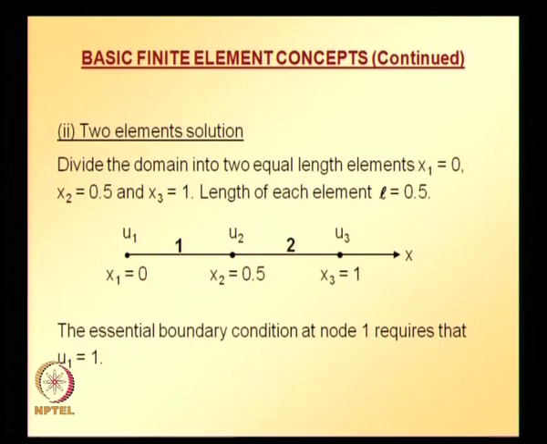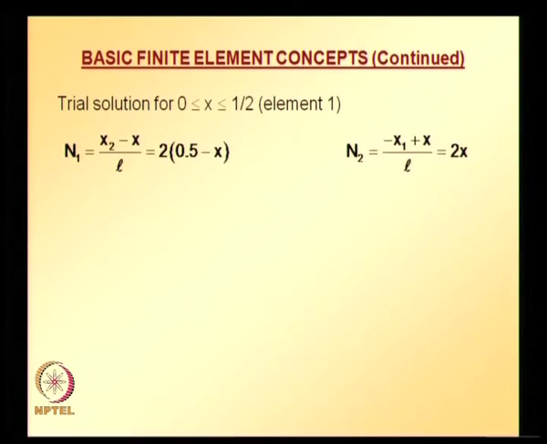And also noting that the essential boundary condition is prescribed at node 1, which is u evaluated at x equal to 0 is 1, it turns out that u1 is equal to 1. So, the trial solution for element 1: substitute the spatial coordinates corresponding to node 1 and node 2. Here you have two elements. For each element you have local node 1 and node 2, and the global node number is different from the local node number.